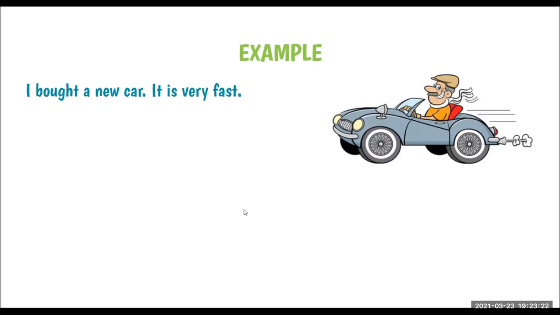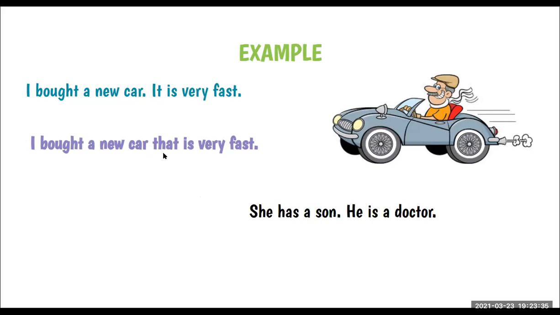For example, I bought a new car that is very fast. Yes, very good. I bought a new car that is very fast. As you can see, we can use a relative pronoun here. Here we have the other sentence. She has a son. He is a doctor. Okay, as you can see, we are giving more information about this son, the son that she has.